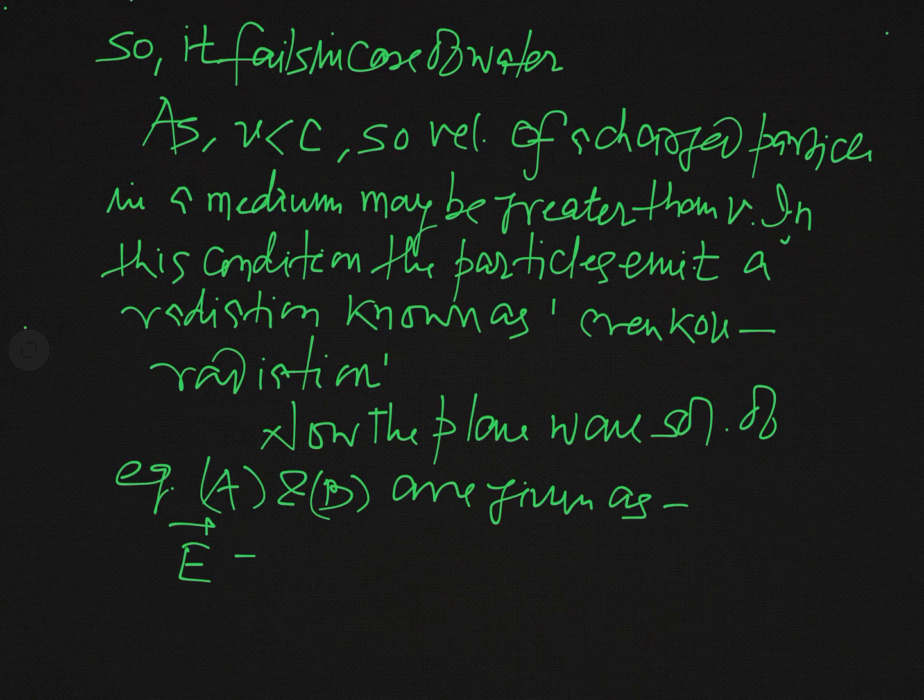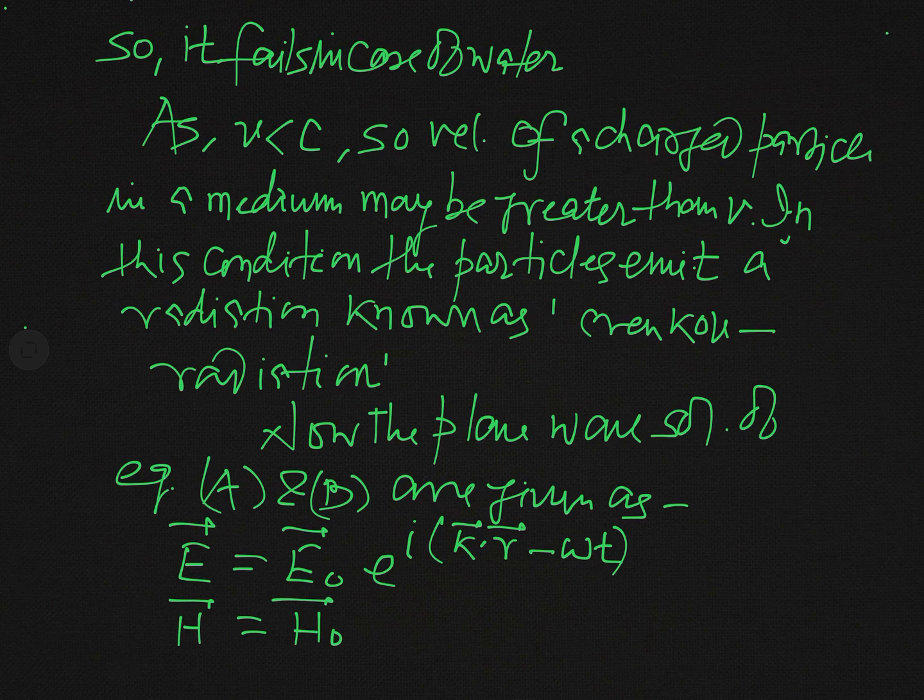The plane wave solutions are given as, we will write E equal to E naught e to the power i (k dot r minus omega t), and H equal to H naught e to the power i (k dot r minus omega t).